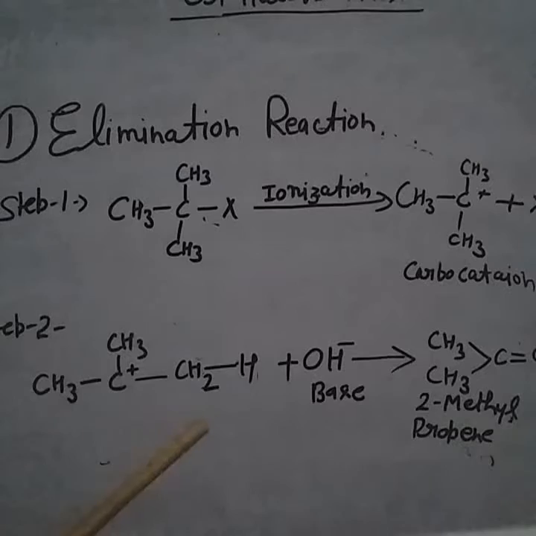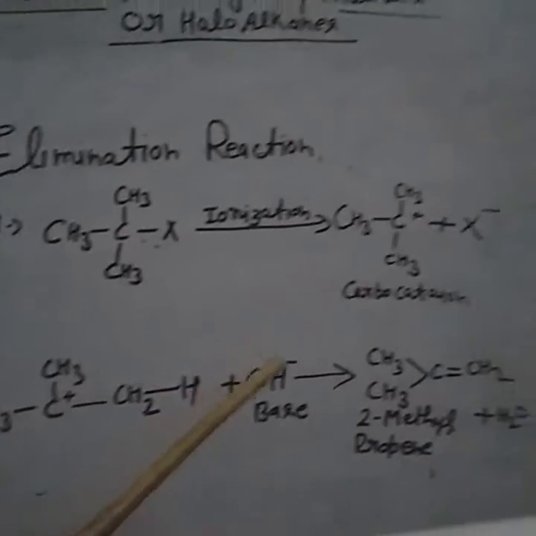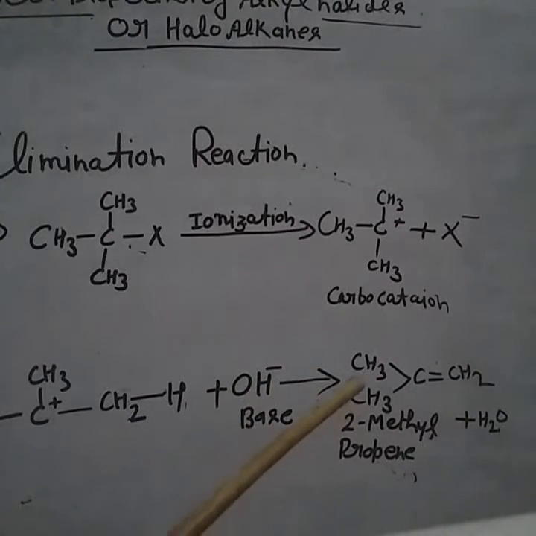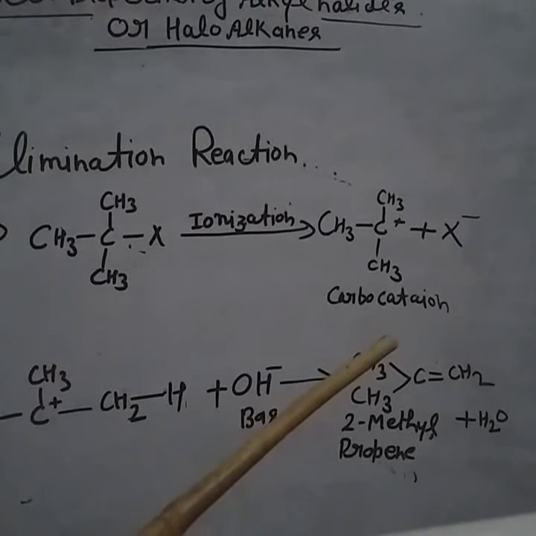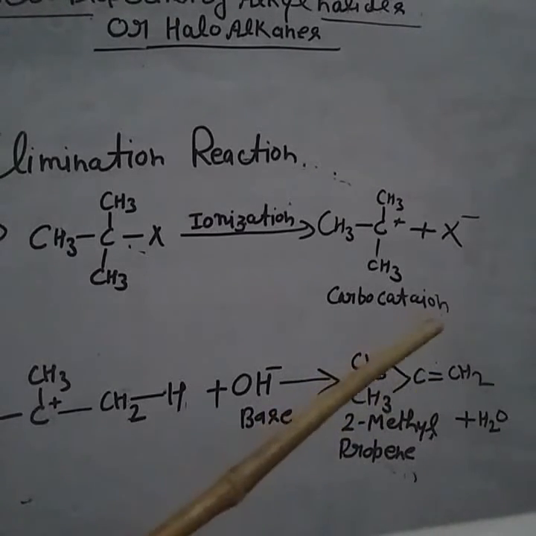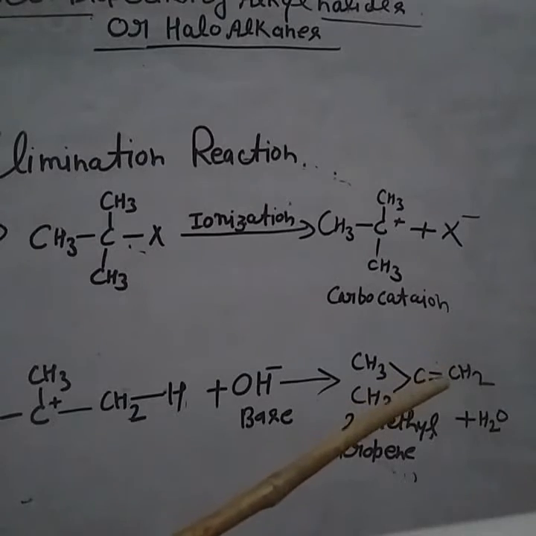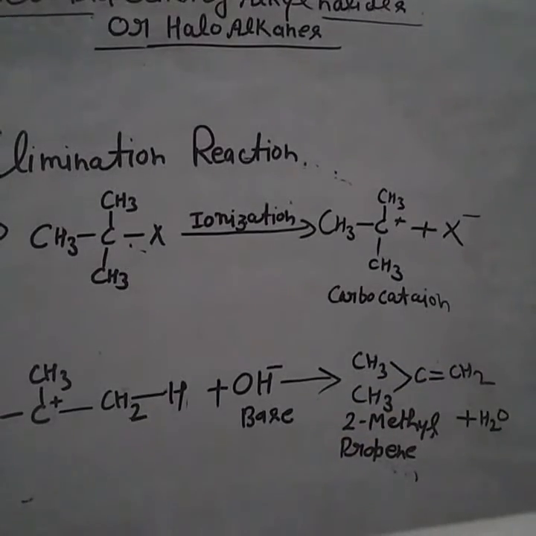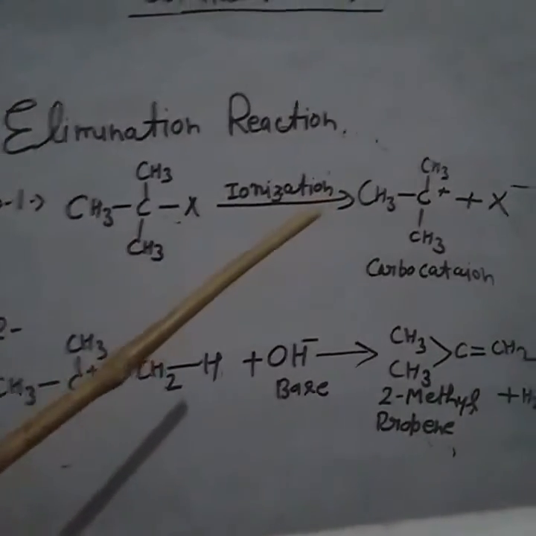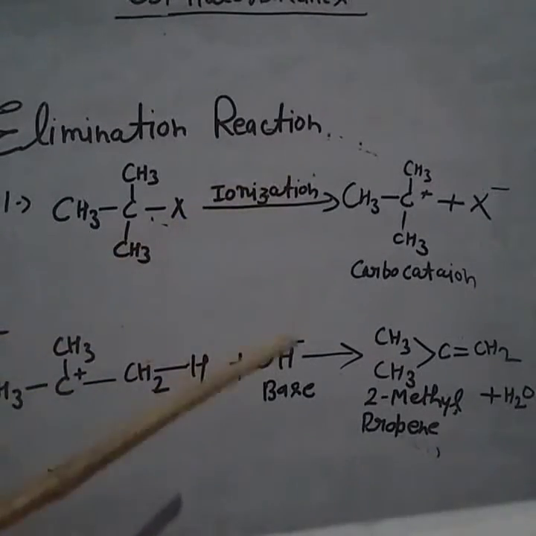Here we show the carbocation loses its proton and forms 2-methylpropene, an alkene or pi bond. Here we show the double bond, one is a pi bond and the second is a sigma bond. So the elimination reaction is complete in two steps.